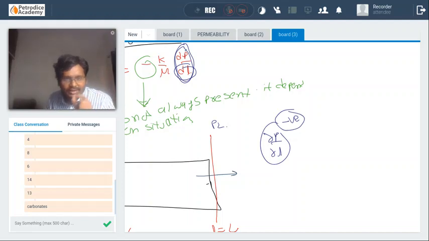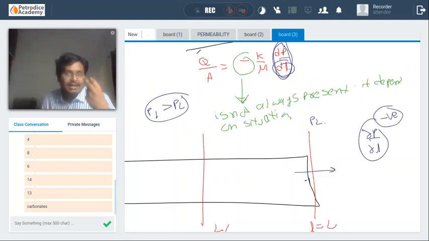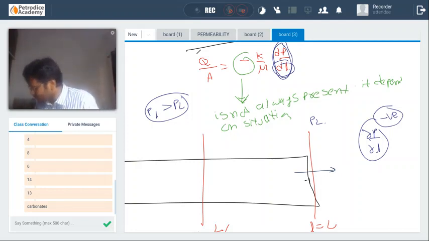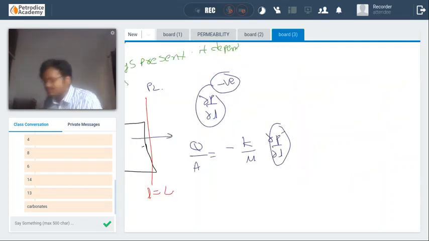To compensate for that negative, because Q, the flow rate, area, permeability and viscosity are all positive variables, a negative sign cannot be attributed to these four variables. That is the reason we place the negative sign: Q by A is equal to minus K by mu dou P by dou L.